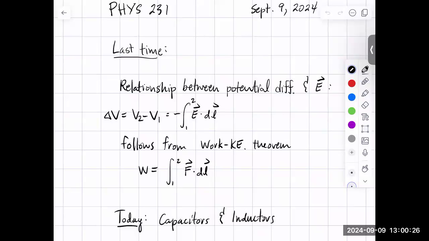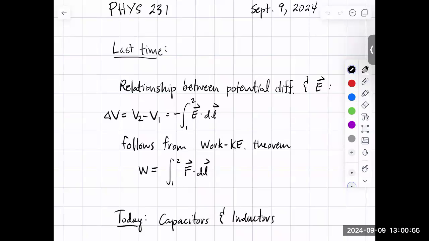So what I want to do today is continue with the discussion that we started last time. We were just starting to talk about how all of the stuff in this course about circuit analysis has its foundation in electricity and magnetism, the stuff we did in Physics 121.